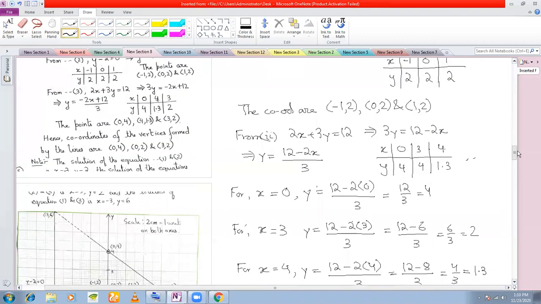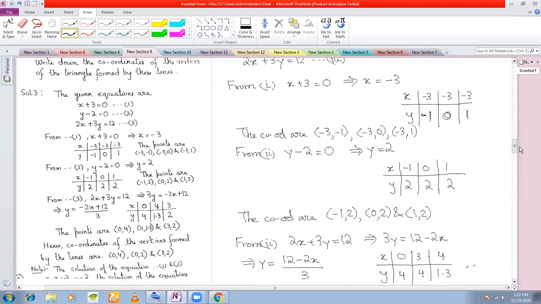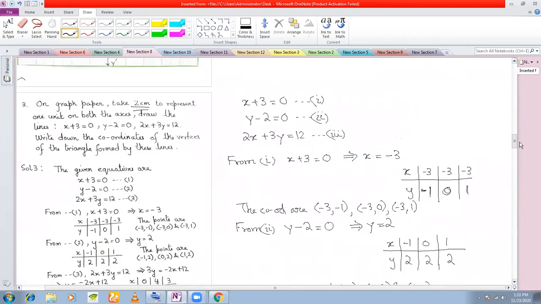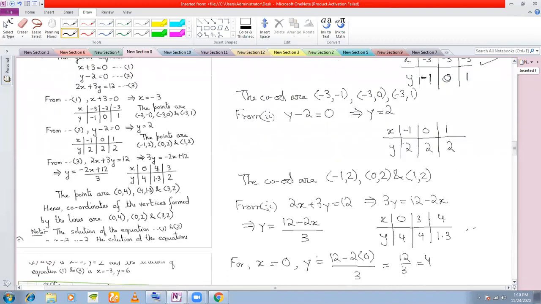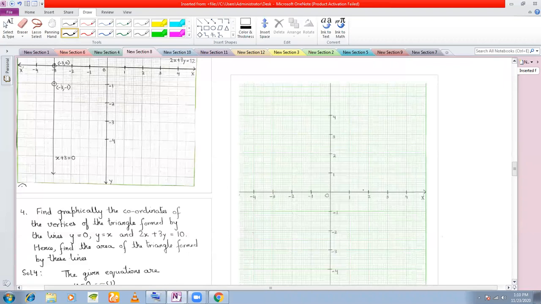So let us see how the first line works. So you have first line. There are 3 lines here. So the first line is this. What are the points here? The points here are these: -3, -1. So let us plot -3, -1. This is your point.